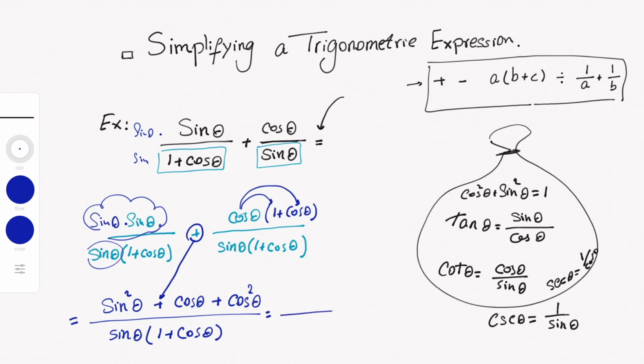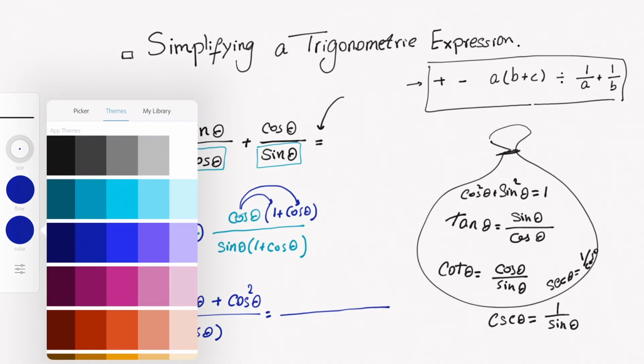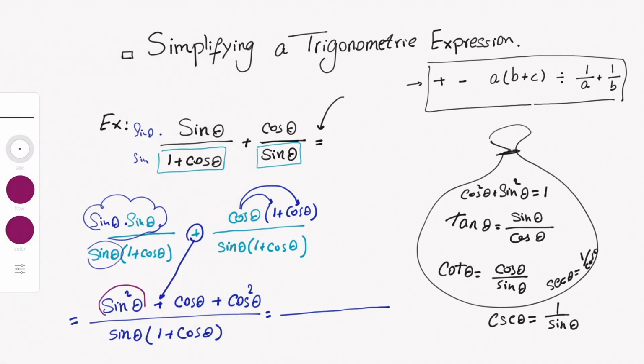That equals sine squared theta plus cosine squared theta, and the answer is 1. We are using this formula.